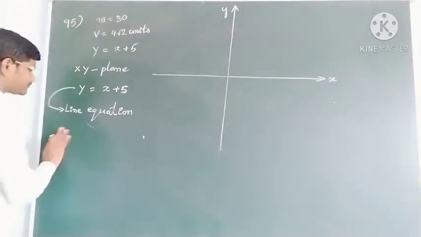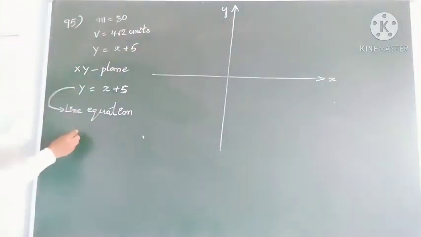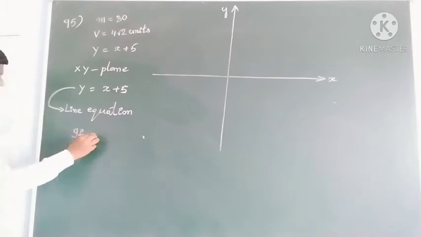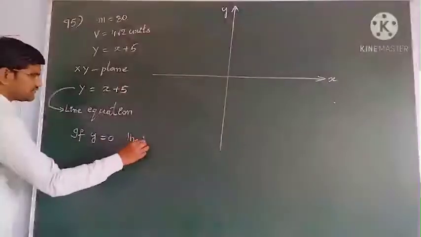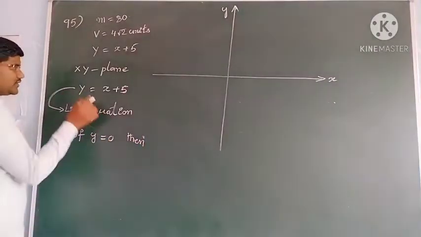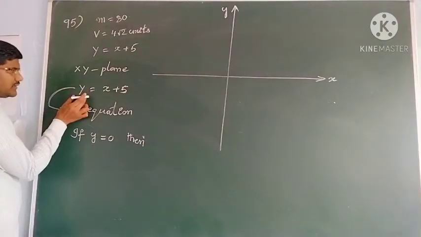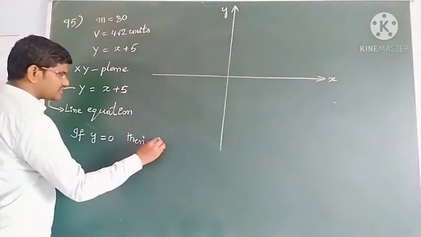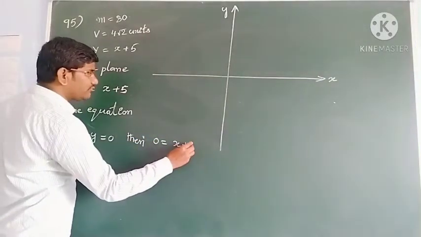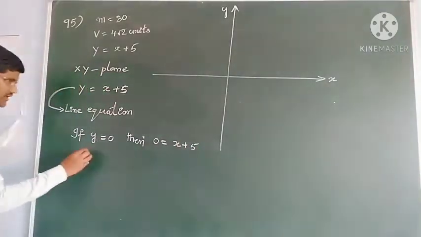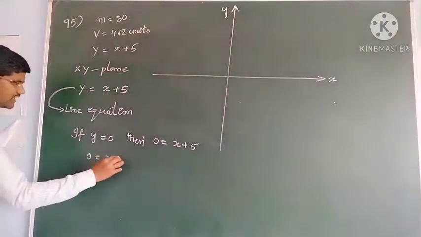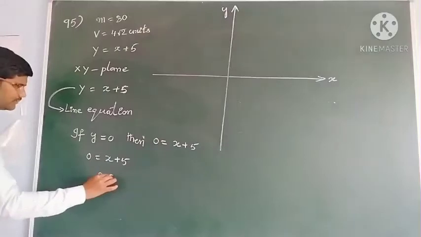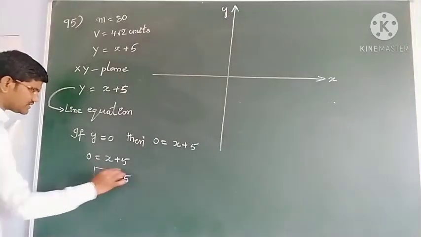Now take y is equal to 0. See, students, if y is equal to 0, then what will you get? Put y is equal to 0 here. Then 0 is equal to x plus 5, that implies x is equal to minus 5.